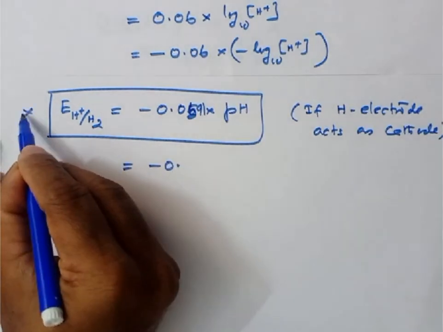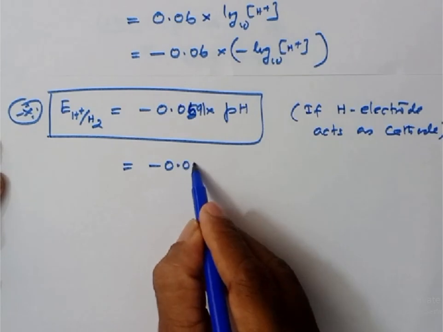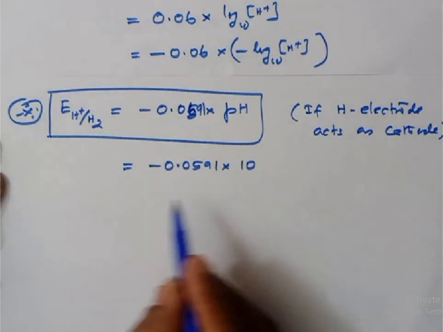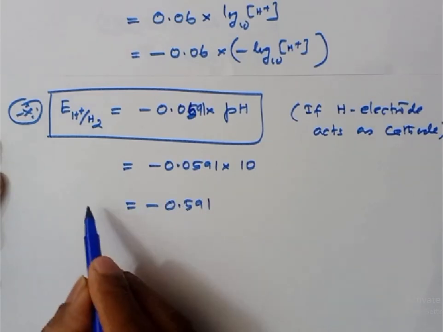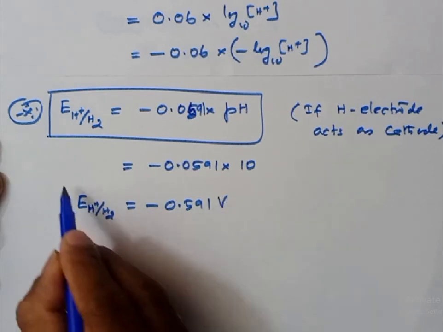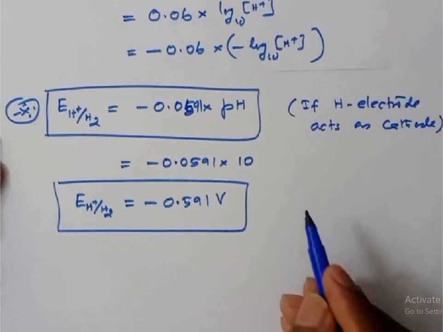Students, this formula is very important for competitive examinations. pH is given, 0.0591 times pH, and the value is 10 here. So if you multiply by 10, you will get 0.591. This is the reduction potential for the hydrogen electrode. What is the corresponding oxidation potential?